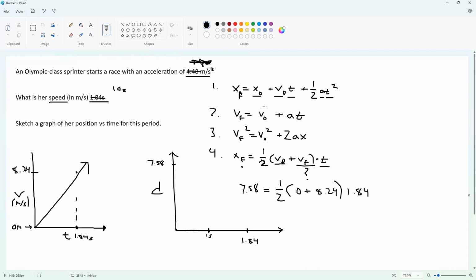Based off of these equations, we looked for the most convenient one. In this one, we have initial velocity, but we don't have final velocity, so we'd have to go find it. We have time, initial velocity, and acceleration, but without the final velocity we can't find the distance in this case. For this one, we have the initial distance, the initial velocity, the time, and the acceleration.